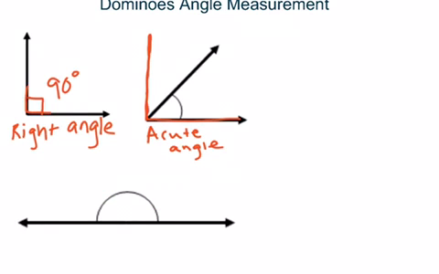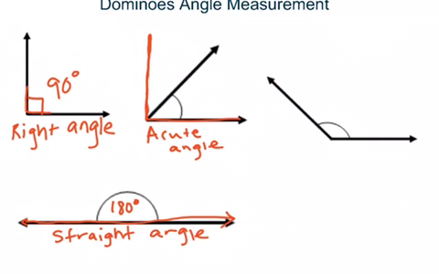What kind of angle is this next angle? Right, it's a straight angle. How do we know it's a straight angle? We know that a straight angle has a measurement of 180 degrees. And again, it's what? It's straight. Last one.